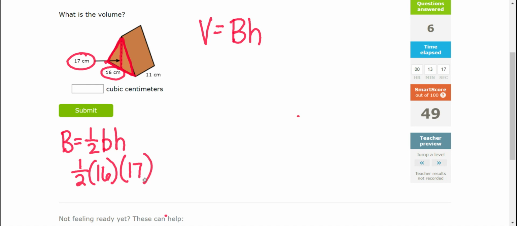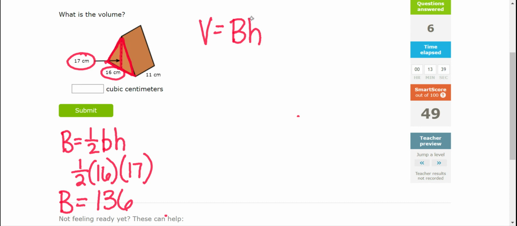So I'm typing in my calculator, 0.5 times 16 times 17. Let me do that again. 0.5 times 16 times 17. I get 136. So that means my capital B is going to be 136.